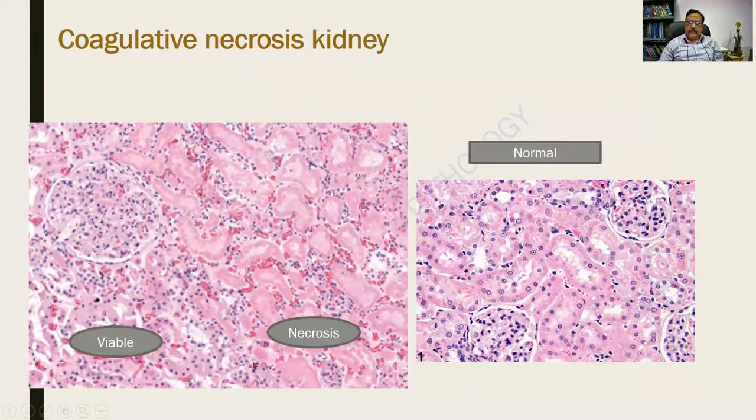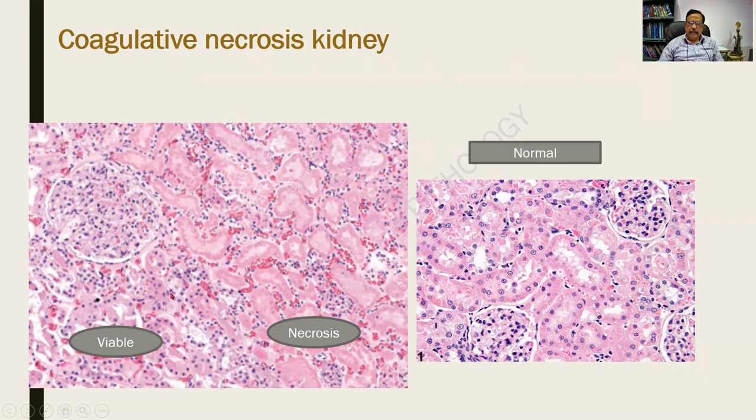This is a microscopic slide of the same, and this can be kept for the examination. A coagulative necrosis of the kidney, one of the first slides which is quite difficult for the students to comprehend. I am able to see two areas, a necrotic area and a viable area. What are the major differences between my right and left?